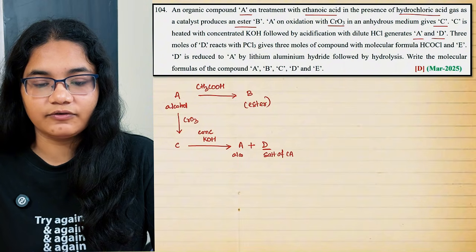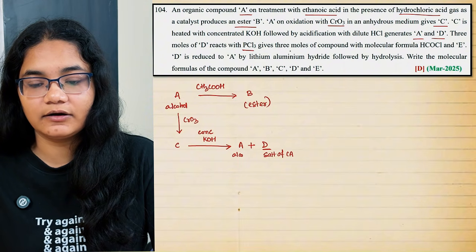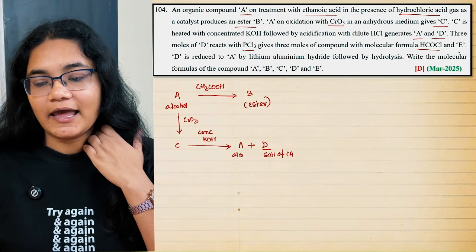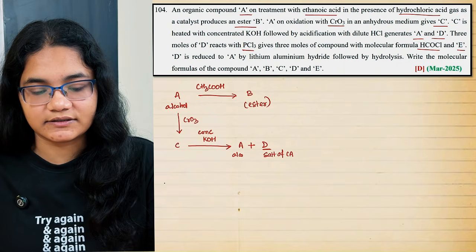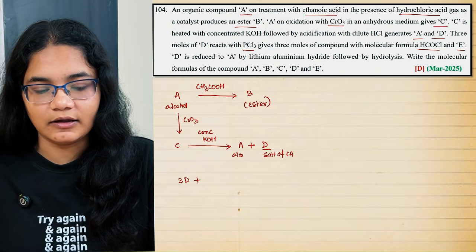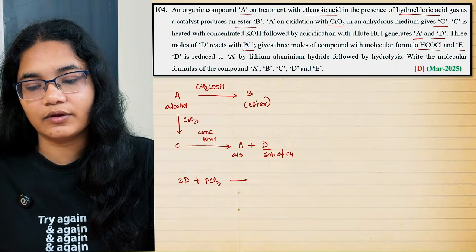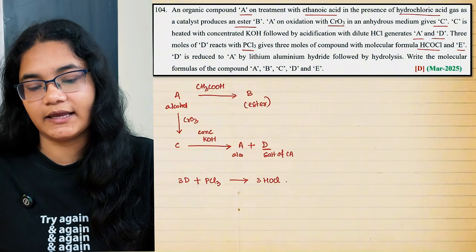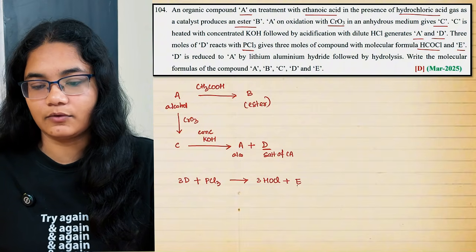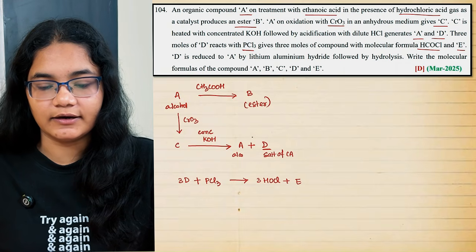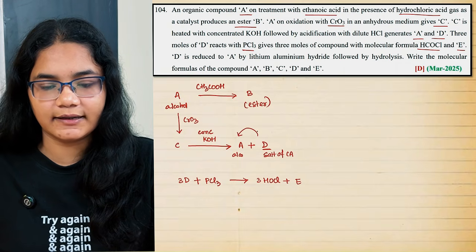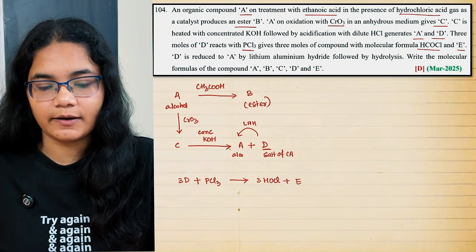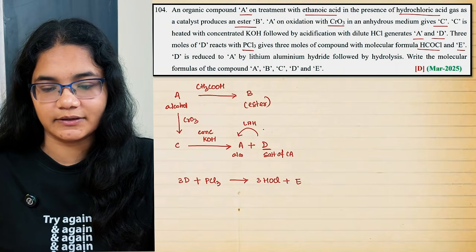Now 3 moles of D react with PCl3 to give 3 moles of a compound with molecular formula HOCl plus E. Also, D is reduced to A by lithium aluminium hydride. That means D and A have the same number of carbons.